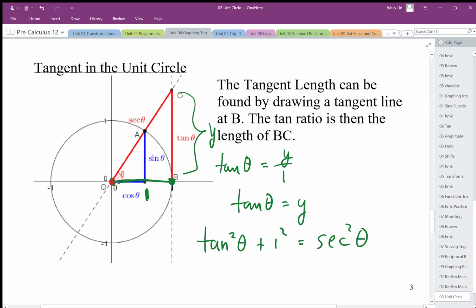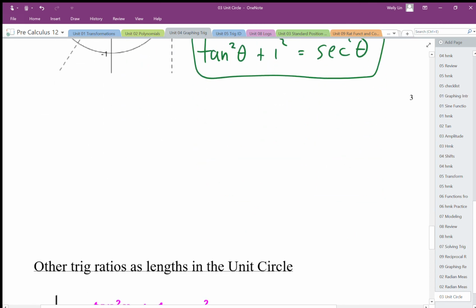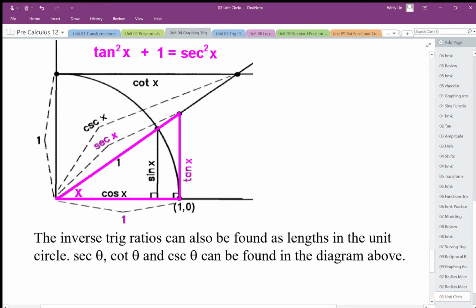And we can start doing all this geometry with this unit circle, because now we're establishing length in this unit circle. The main one, though, we want to stick with is sine and cos. Make sure that sine is y, cos is x, and we understand those to be length in the unit circle. But all the other ratios actually happen to show up in this unit circle. So there it is again.